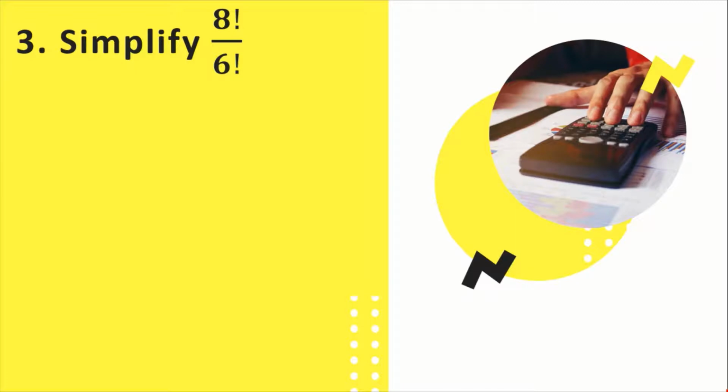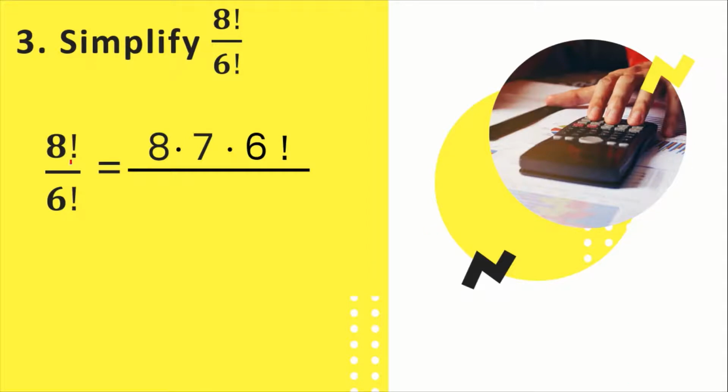Simplify 8 factorial over 6 factorial. So, what we need to do first is we write 8 factorial with a factor of 6 factorial tulad ng ginawa natin kanina. So, ang 8 factorial ay pwede natin isulat as 8 times 7 times 6 times 5 times 4 times 3 times 2 times 1. Pero yung 6 times 5 times 4 times 3 times 2 times 1 ay pwede natin express as 6 factorial.